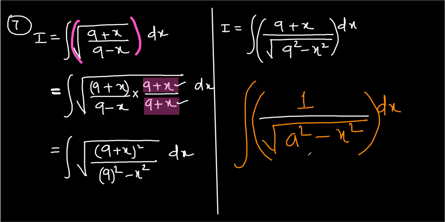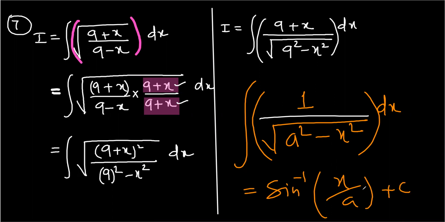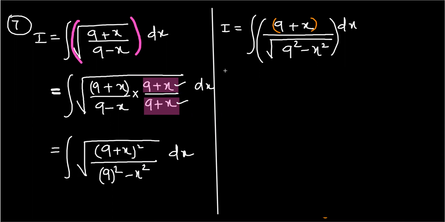If you remember, the theory said that if it is 1 upon square root of a square minus x square, then you write sine inverse of x over a. But here it is not 1. This needs to be 1 in order to apply the result. So what do I do? I will have to go ahead and I need some more working on the integrand.